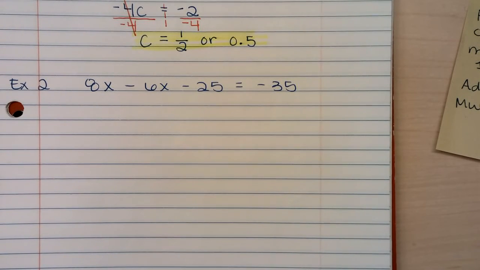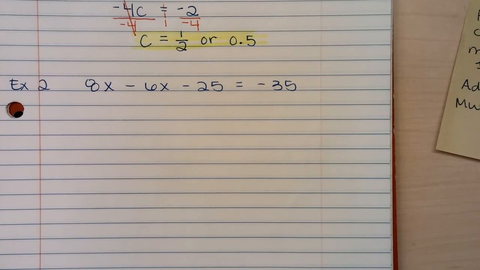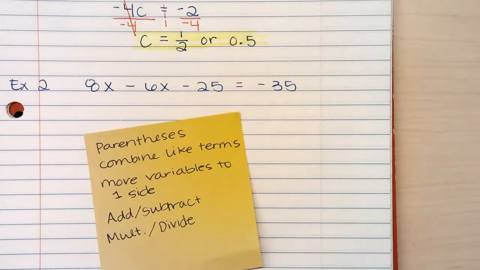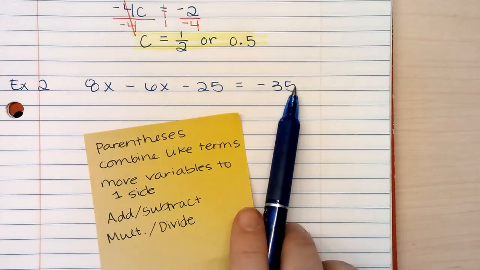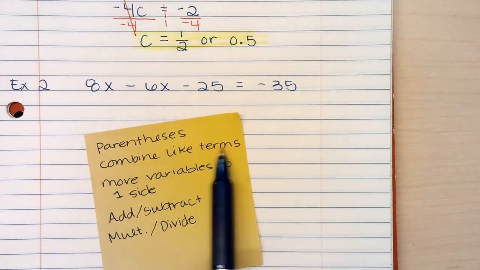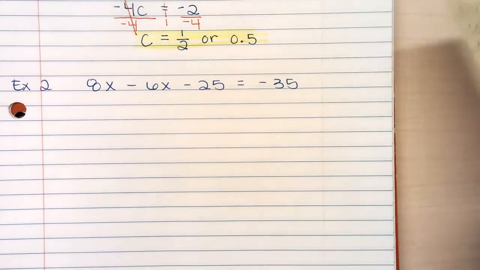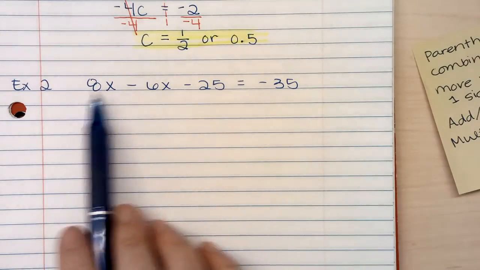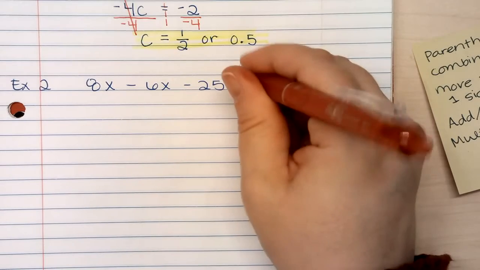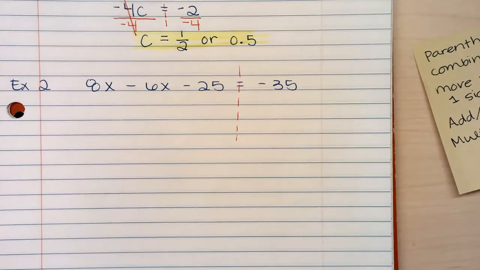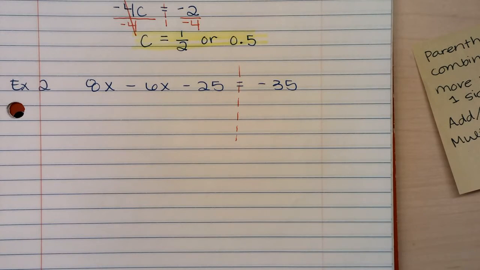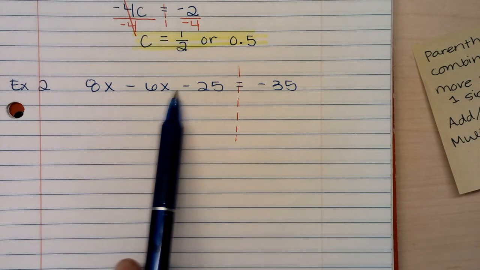8x minus 6x minus 25 equals negative 35. That's a long one. Remember that we want to look for parentheses. I have no parentheses. I need to combine like terms. Are there like terms on either side of the equal sign? 8x minus 6x minus 25.